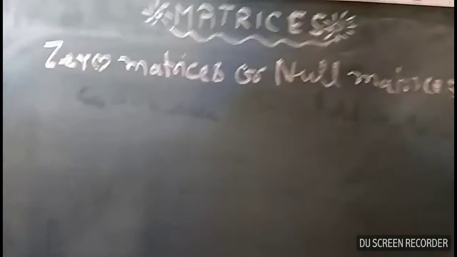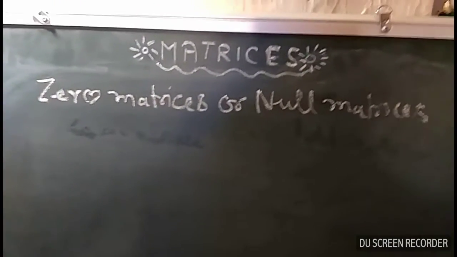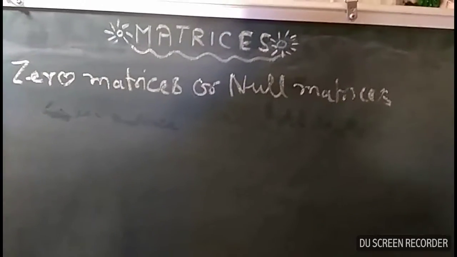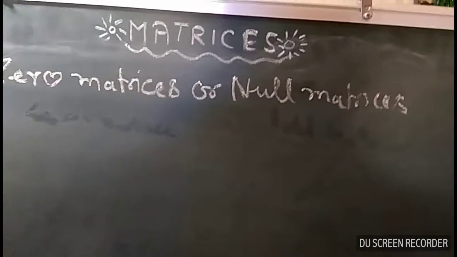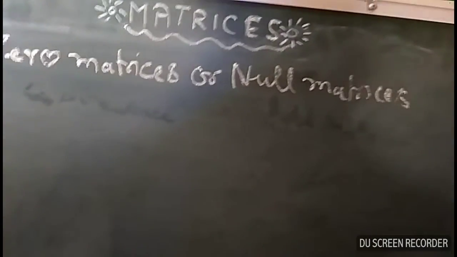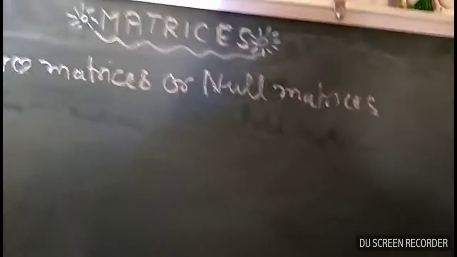Now we read about zero matrices. Zero matrices are also called null matrices. The definition is this: a matrix A of order m cross n is said to be a zero matrix or null matrix if each element of the matrix is zero.